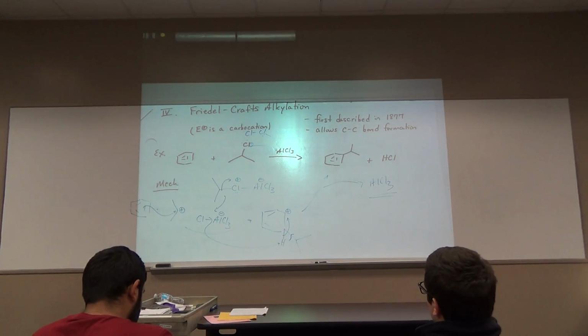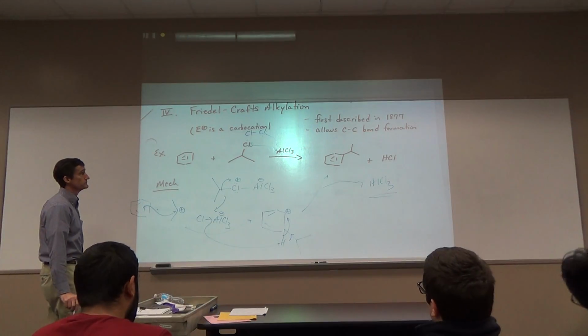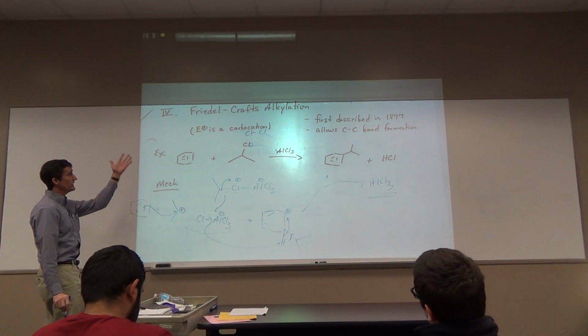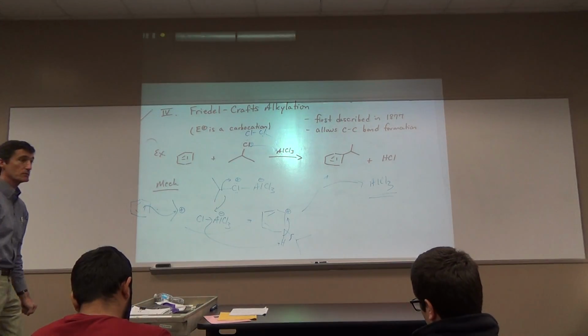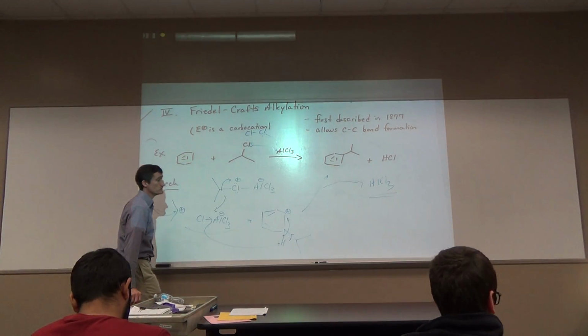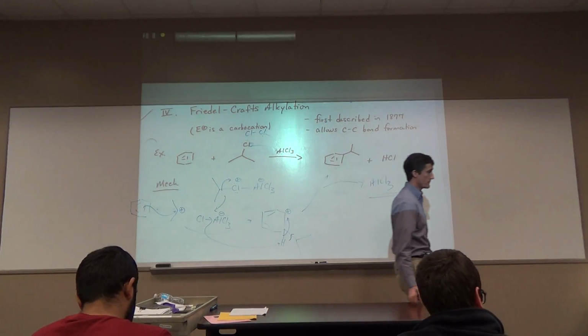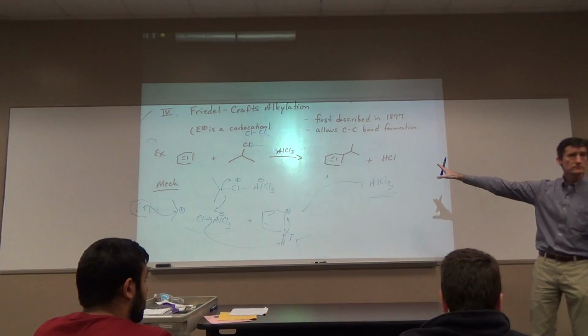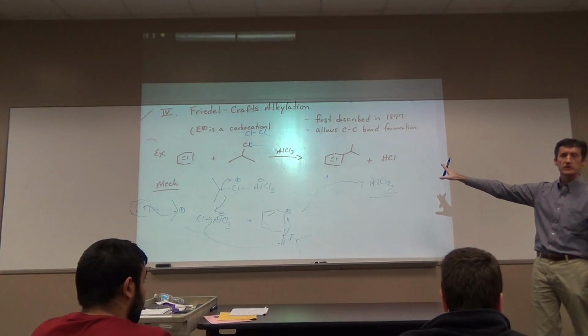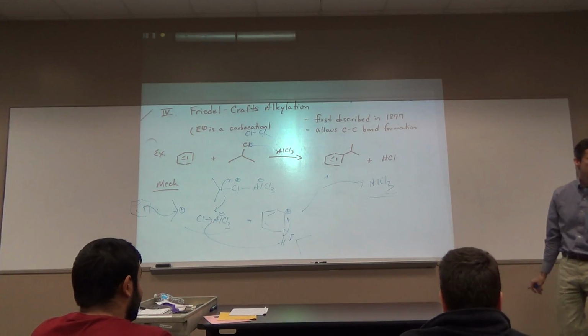Same old two-step mechanism once we form our electrophile. So Friedel and Crafts showed this chemistry could work. This reaction would have worked 5,000 years ago. But nobody showed it until Friedel Crafts came along.